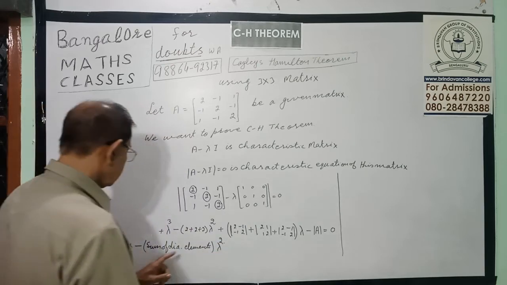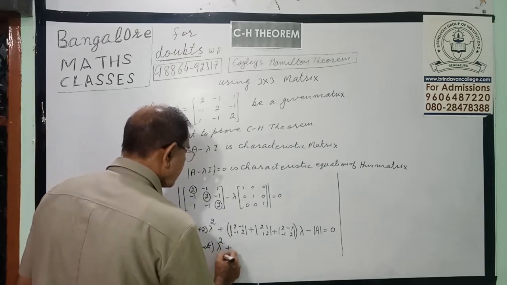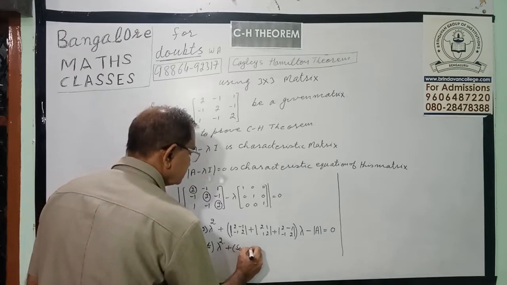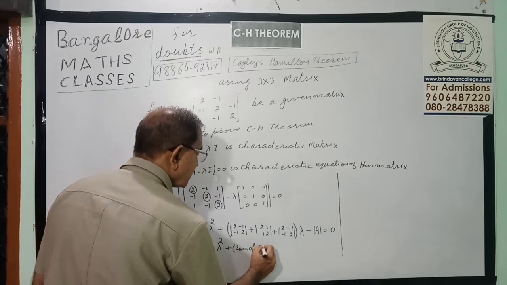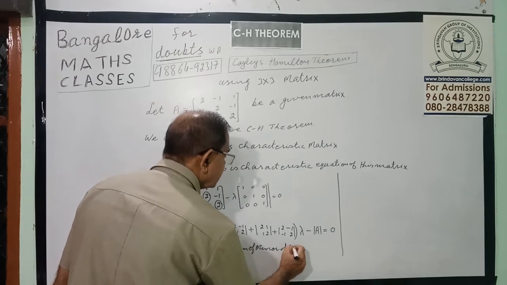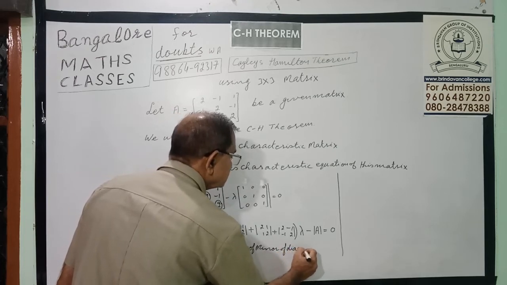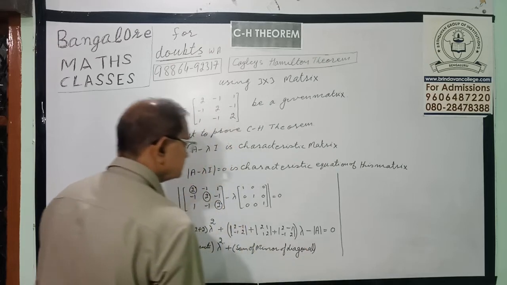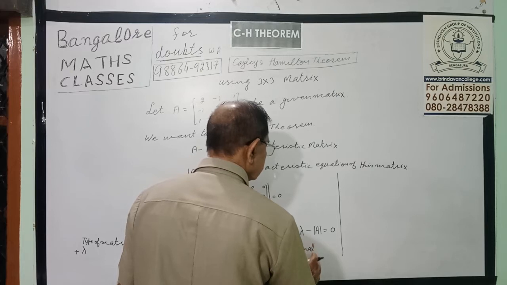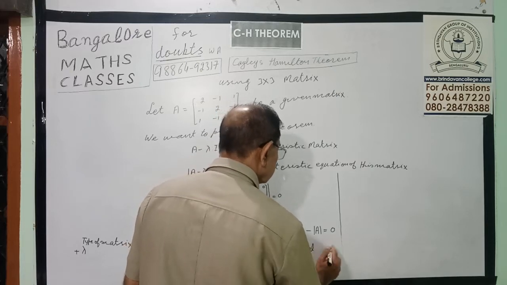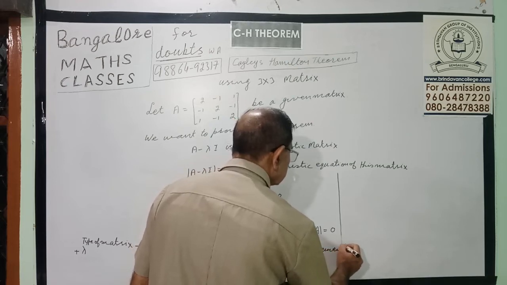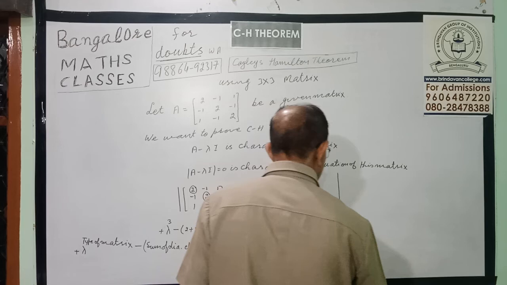The signs are plus, minus, then plus: the sum of the minors of the diagonal elements, into lambda.